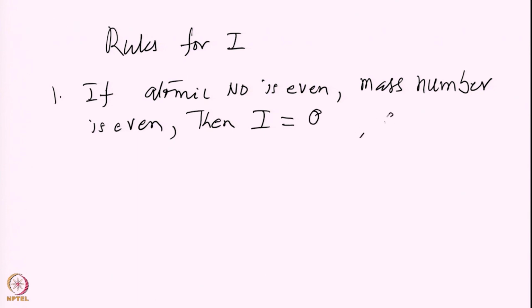For example, carbon 12. If I is 0, then of course it does not have any magnetic moment, and therefore this nucleus will not be NMR active. We will say it is not NMR active.